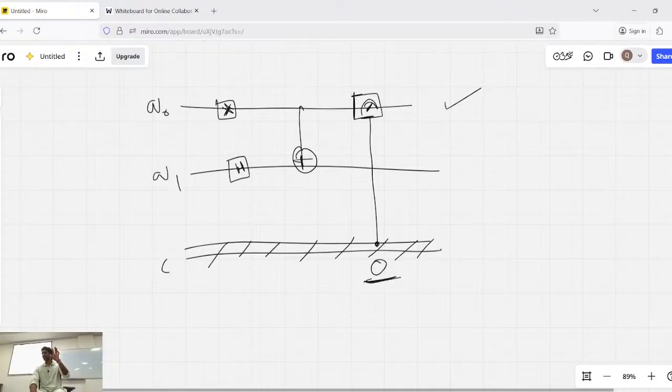Once I measure that particular quantum state, it will be stored in my classical bit rather than the quantum state. In that way, I am finding the answer to my quantum state. So this is my measurement gate.